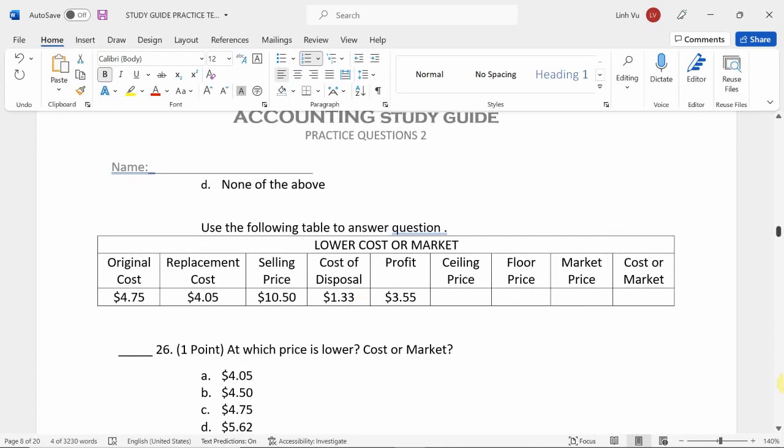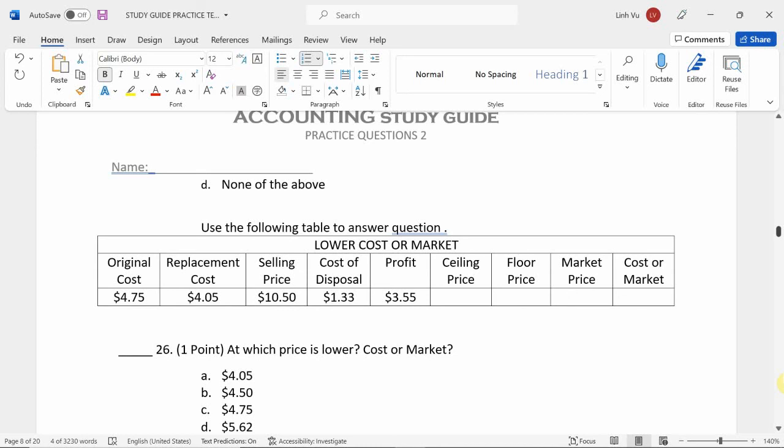All right, number 26. Okay, use the following table to answer the next question. So here is A, lower of cost or market. Okay, at which price is lower, cost or market?